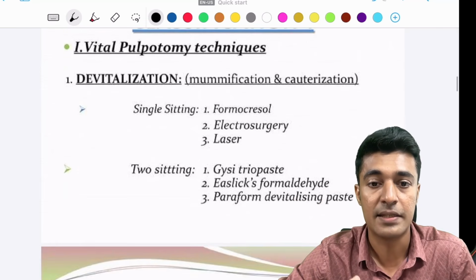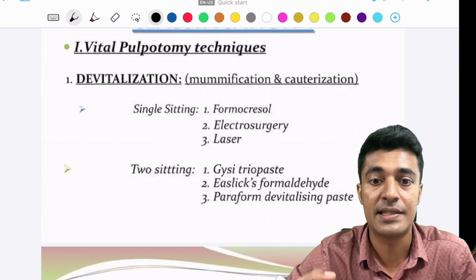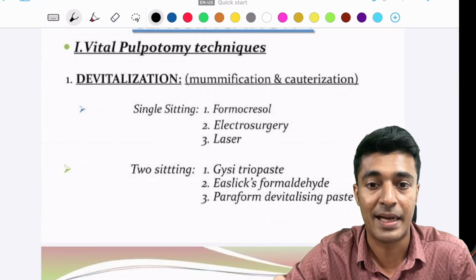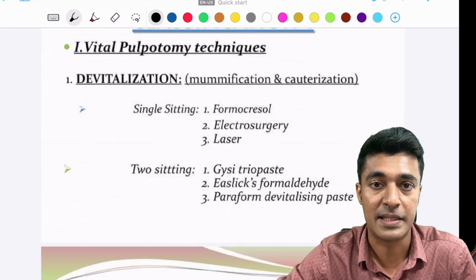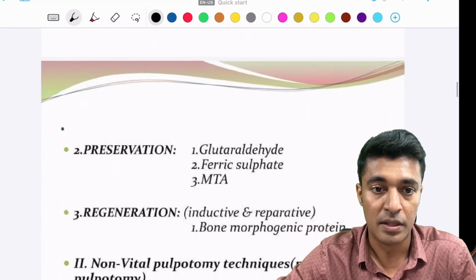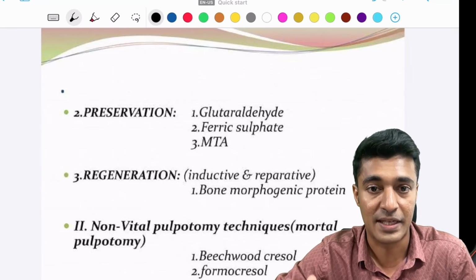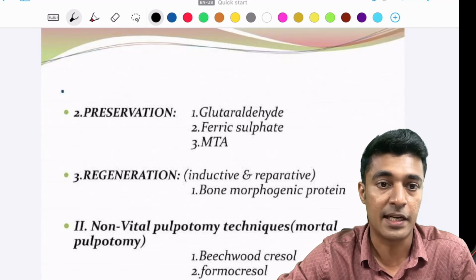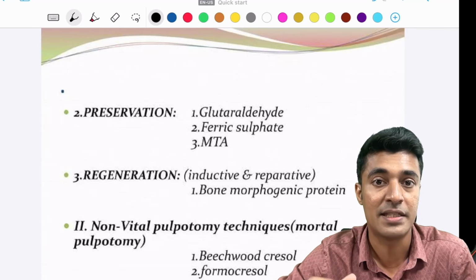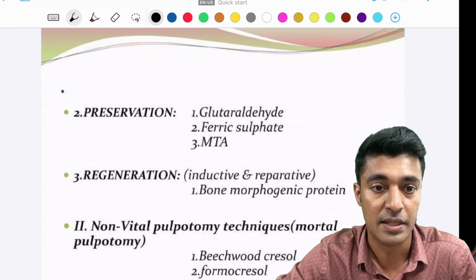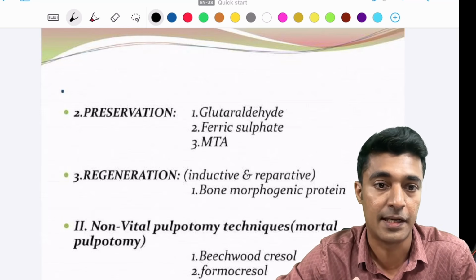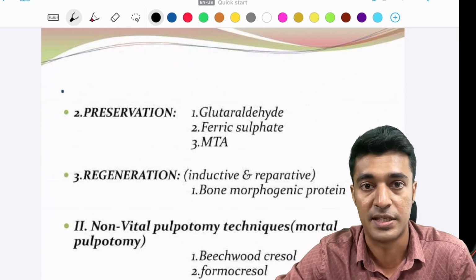Whereas in two sittings, the materials used are GC trio paste, S-Lix formaldehyde, and paraform devitalizing paste. The materials used for preservation include glutaraldehyde and ferric sulfate. MTA doesn't come under preservation, although it is mentioned wrongly in textbooks. MTA actually comes under regeneration along with bone morphogenic proteins.